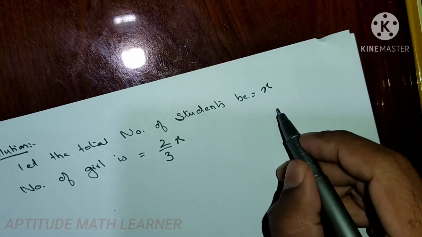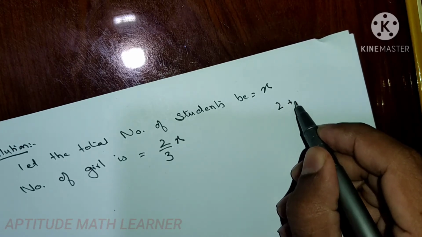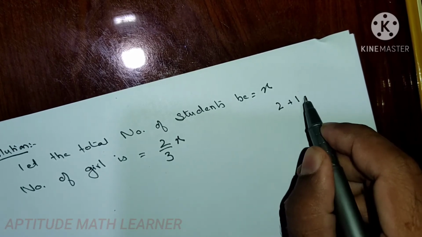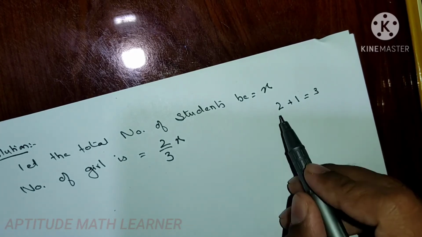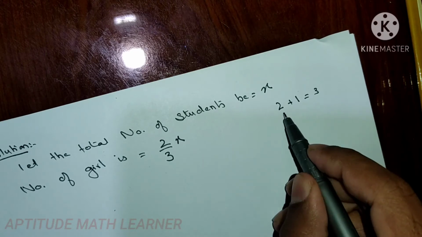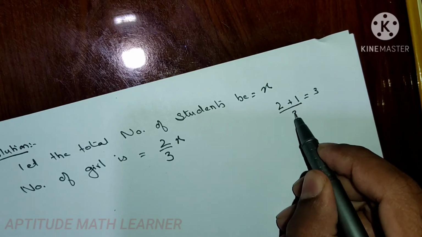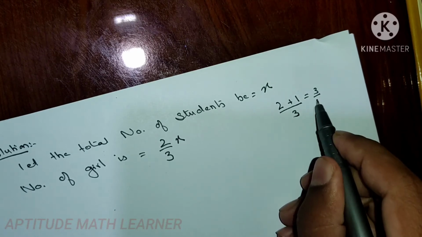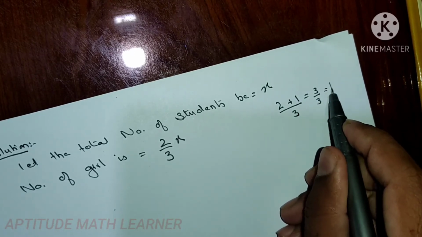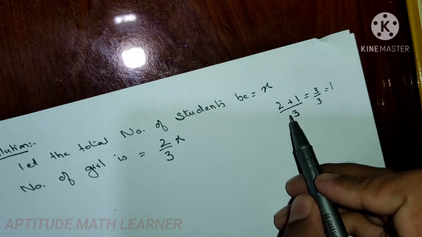Suppose 2 plus 1 is equal to 3, and before 3 it becomes 1. Here what does it mean?